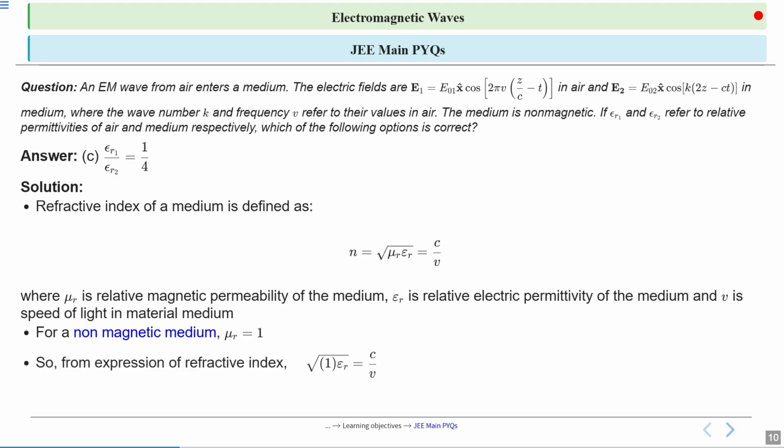So in the expression of refractive index, root mu r will become 1, so root epsilon r will be equal to c by v only.